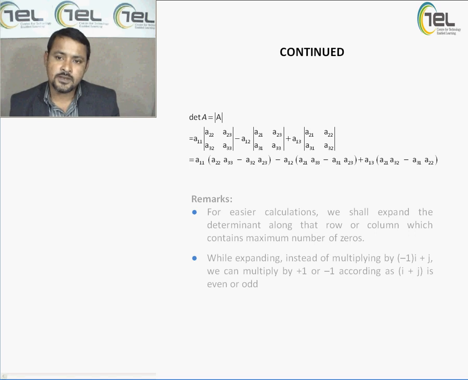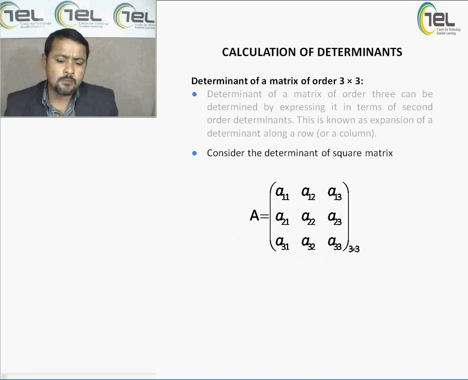We take A11 and find the minor of A11. The minor of A11 is found by deleting the first row and first column from that matrix. So we eliminate completely the first row, that is A11, 12 and 13.